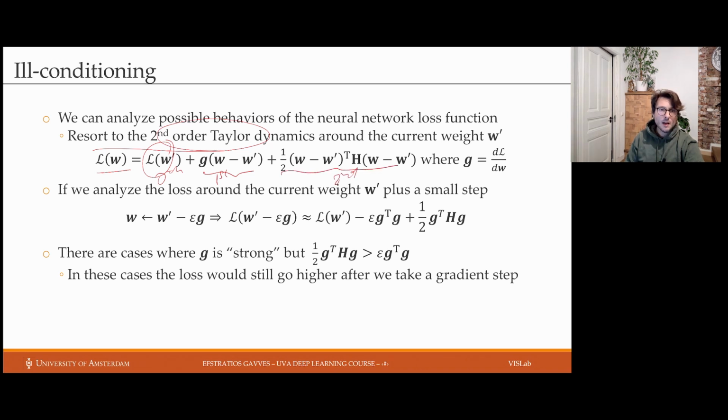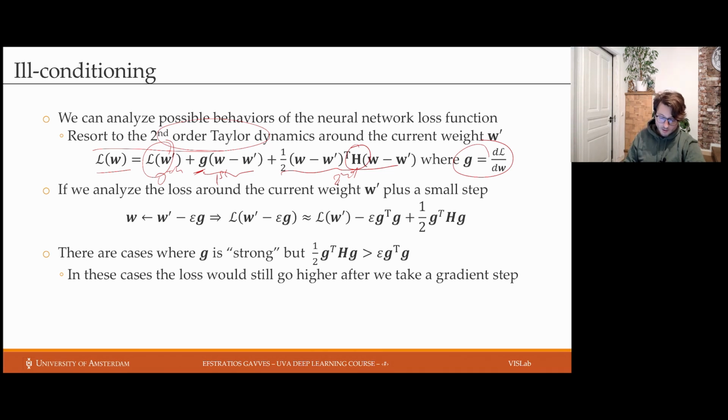The 0th term has no dependency on the gradient. The first Taylor term depends on the first order derivative, g, whereas the second term depends on the Hessian, which is the second order derivative of our function.